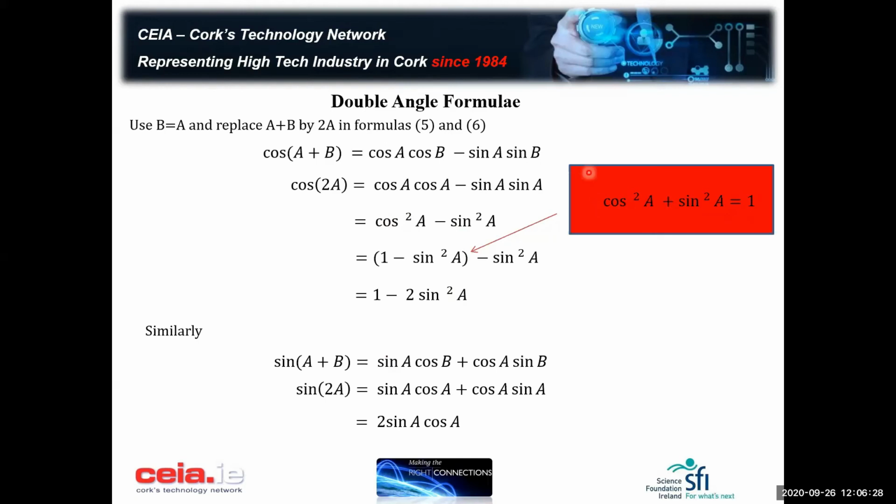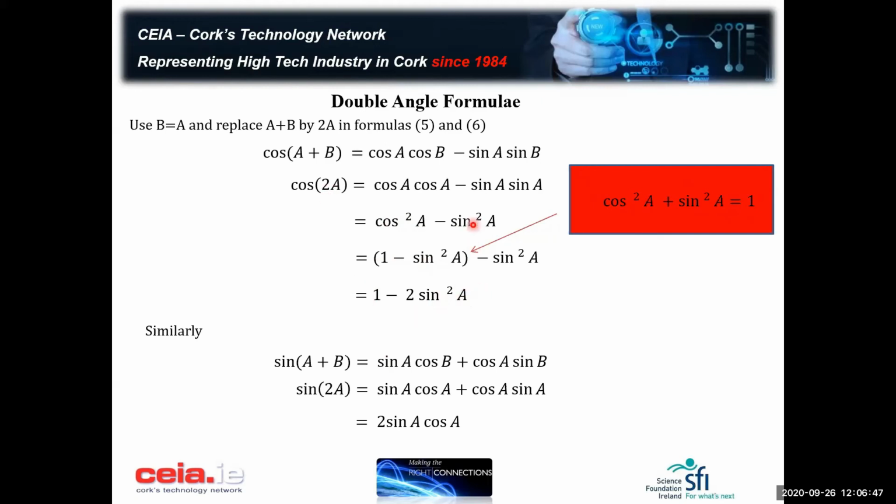As I said, this is the most important identity in trigonometry, so I've highlighted it in red here. You'll be using it over and over again. You can use that to replace cosine squared by 1 minus sine squared. And then you end up with 1 minus 2 sine squared A as an alternative version of cos 2A.